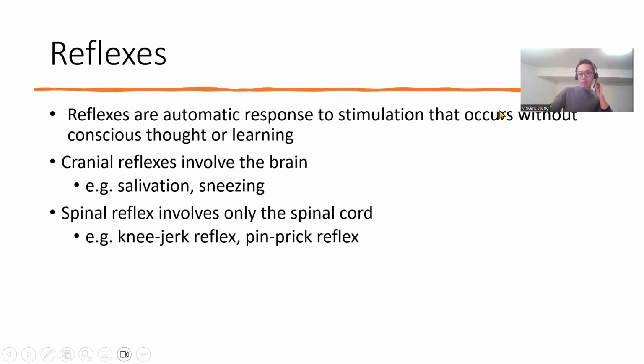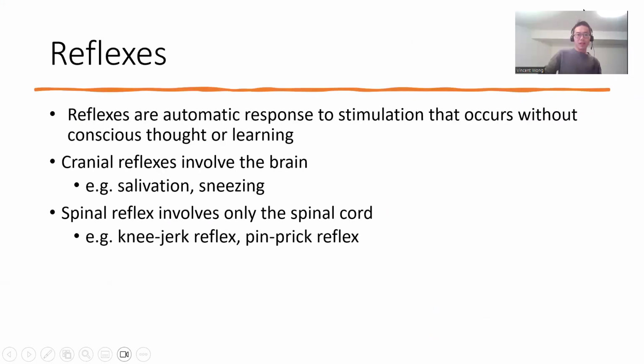All right, let's talk about reflex. Reflexes are automatic responses to stimulation, some kind of trigger. The reflex has to be triggered by something. It shouldn't happen on its own.